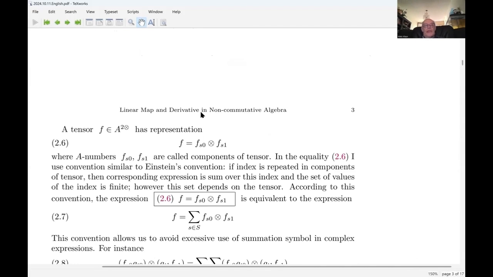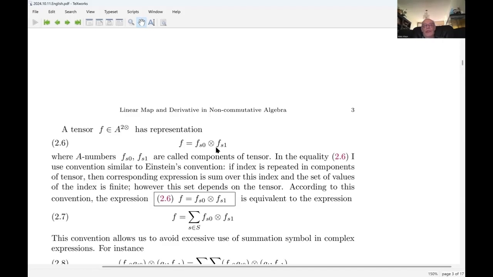A tensor f from the tensor square of algebra A has a representation 2.6 where A numbers f^{s0}, f^{s1} are called companions of the tensor. In the equality 2.6, I use a convention similar to Einstein's convention. If an index is repeated in companions of the tensor, then the corresponding expression is a sum over this index, and the set of values of the index is finite.